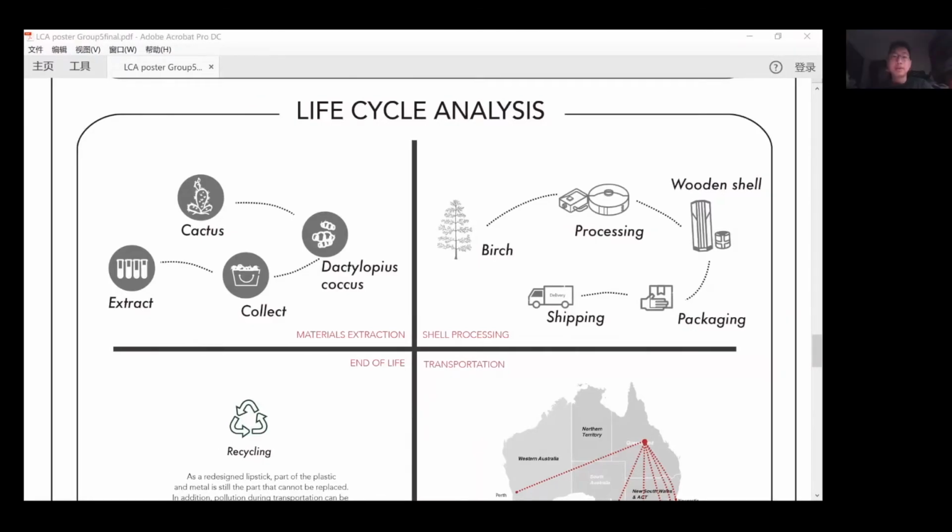Our redesign decided to change the shell material, increase the lipstick's cream capacity, and shorten transport distance. Firstly, the wooden shell can be degraded naturally with no pollution. Secondly, increasing the capacity of lipstick cream will also reduce the demand and waste of consumers for single-color lipstick, which also reduces pollution to a large extent.